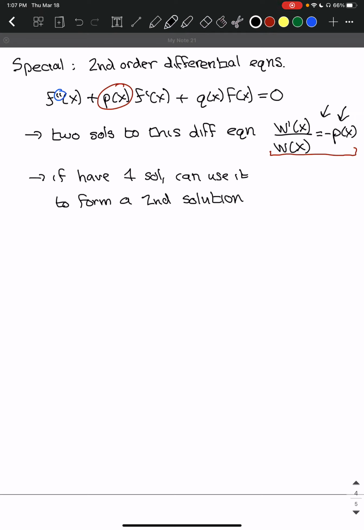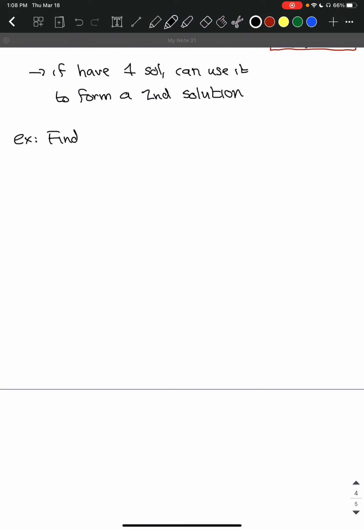So the example is find another solution to x times y double prime plus 1 plus 2x.